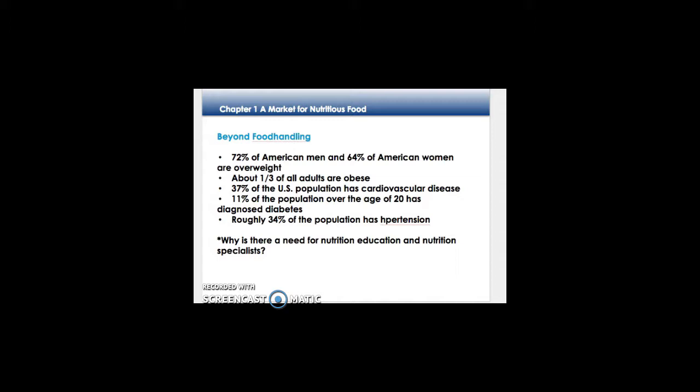Now, these trends are going to affect local restaurants and food service operations because a larger number of people are looking for dishes that fit their physician's recommendations. And that is why you are going to see a need for nutrition education and nutritionist specialists.